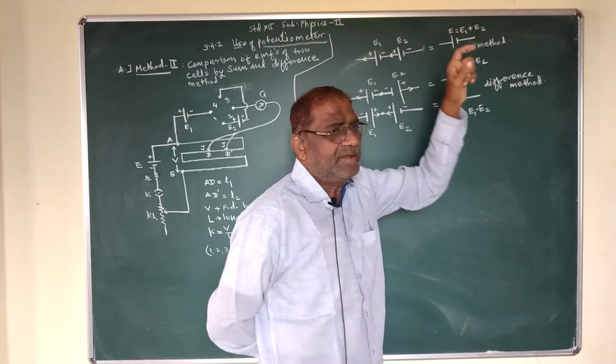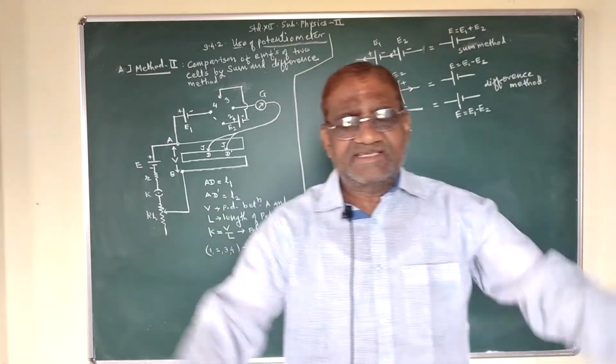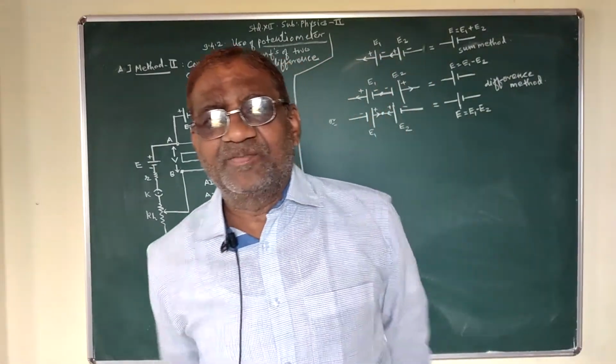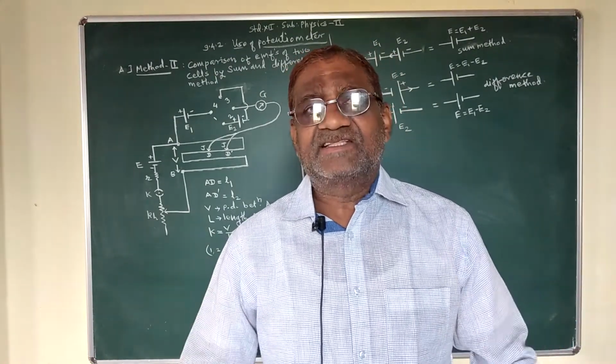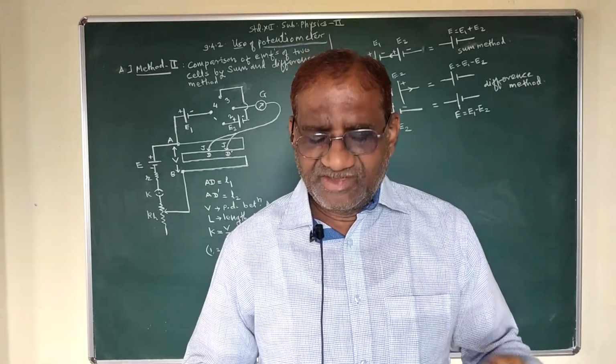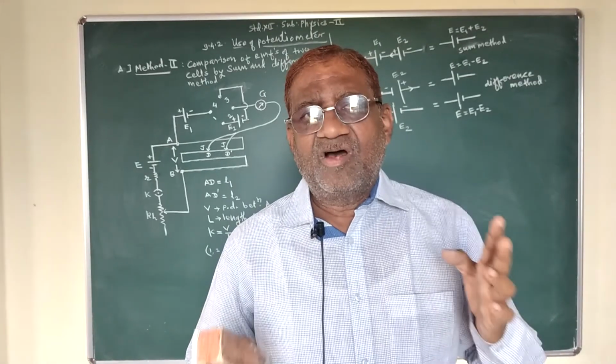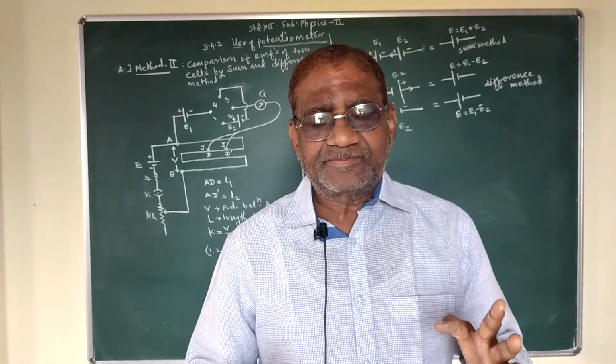That is, when both the cells assist each other. This is the assist combination. When both the cells assist each other, they give the sum of EMF of two cells.